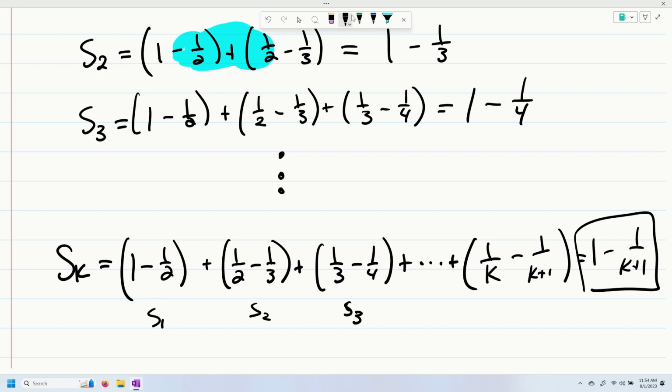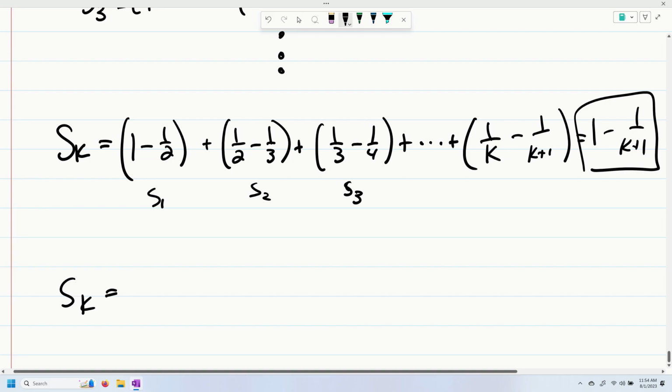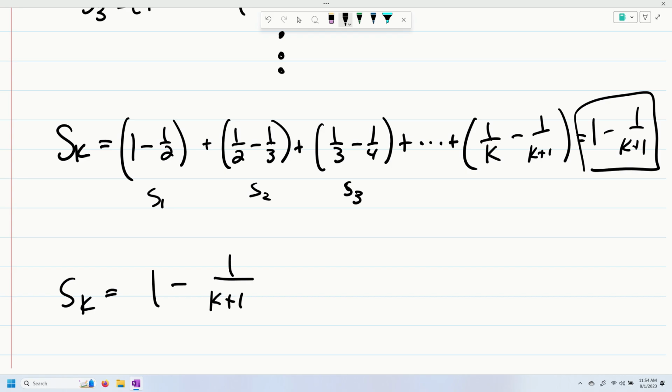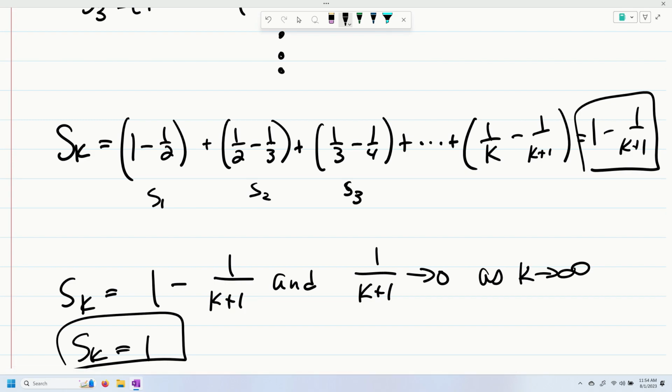Now for this series, since Sk is equal to 1 minus 1 over k plus 1, and 1 over k plus 1 goes to 0 as k goes to infinity, the sequence of the partial sums will converge to 1, which is what we demonstrated earlier.